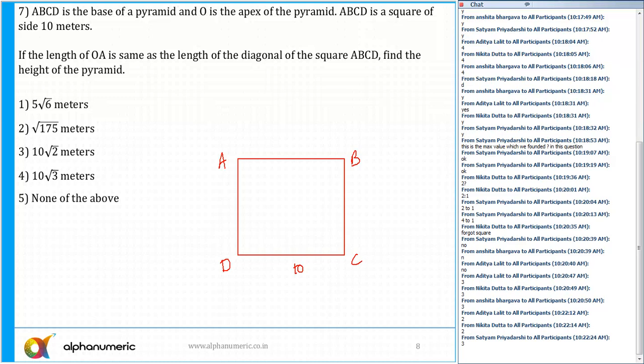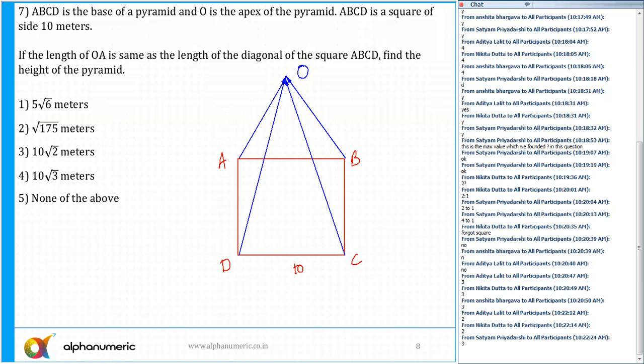So let me draw it here. Okay. So if the length of OA is the same as the length of the diagonal of the square ABCD, the length of the diagonal of square ABCD is going to be root 10.